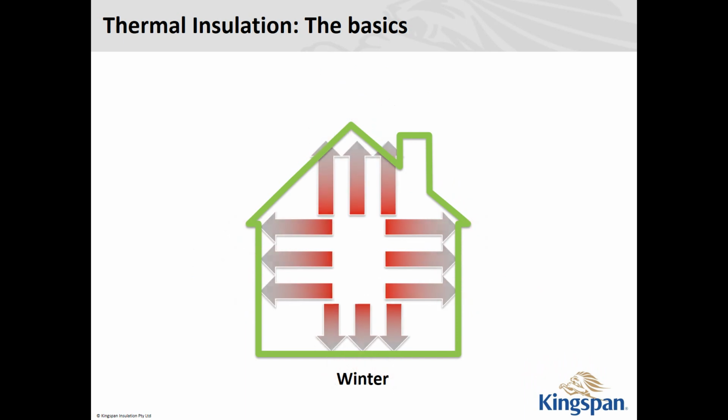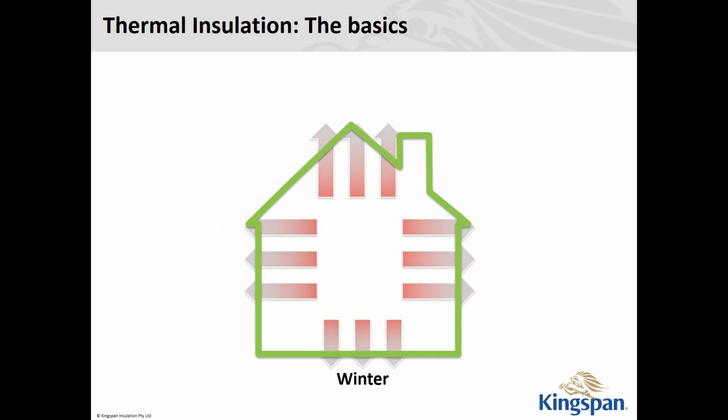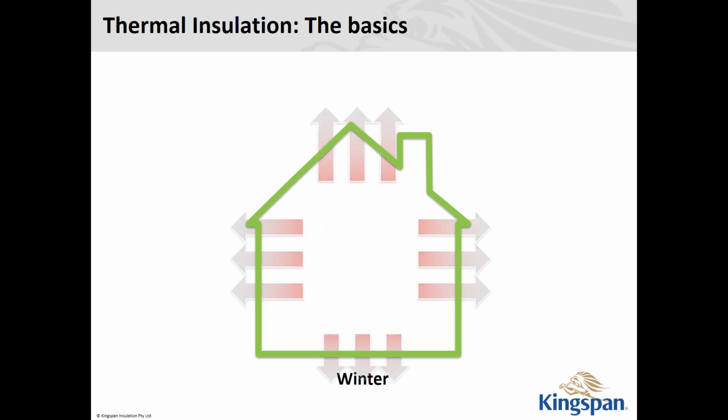The purpose of having insulation is to try and minimise the heat getting into the building in those summer months, and to try and stop that heat exiting the building in those winter months. So trying to get a good balance of both of those types of insulation is something that needs to be considered, and that's what we'll really go through today.